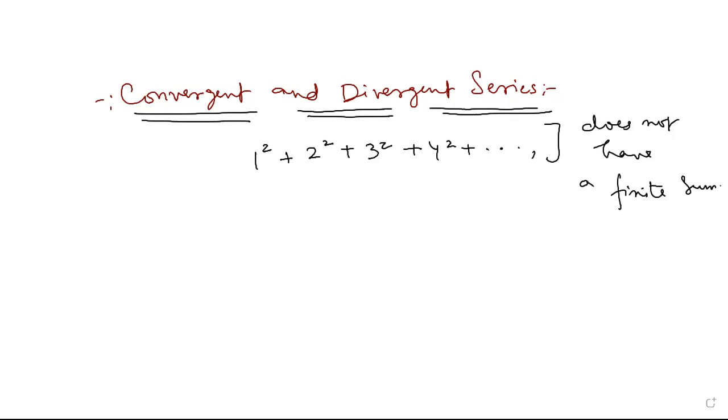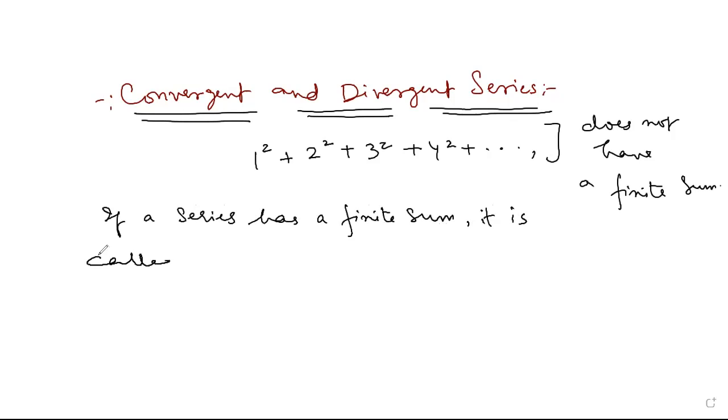Now, if a series has a finite sum, it is called convergent. Right?